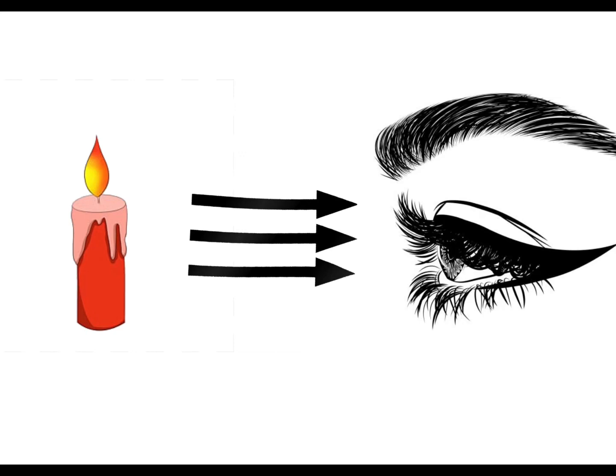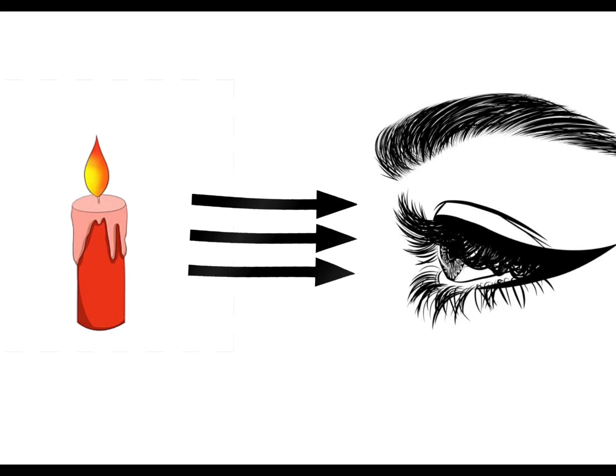It's not an upright image. To identify the image, the message has to be sent to the brain through what? The optic nerve. Okay.